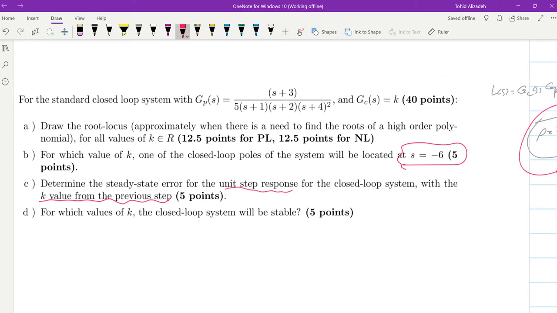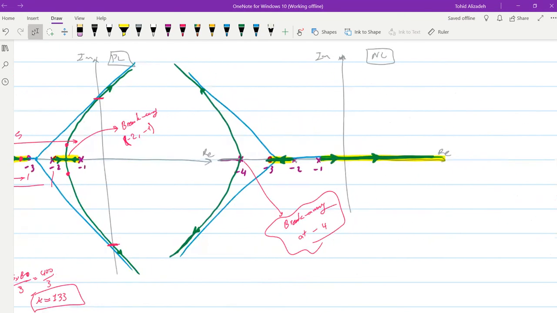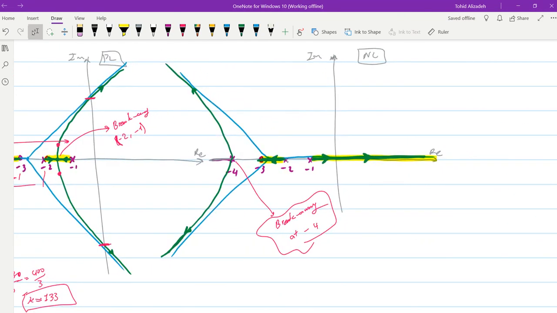The last point is for which values of K the closed loop system will be stable. Okay, so to find out the solution for that, we can use the Routh-Hurwitz criterion, or we can try to find out the value of K where we change from a stable system to an unstable system.